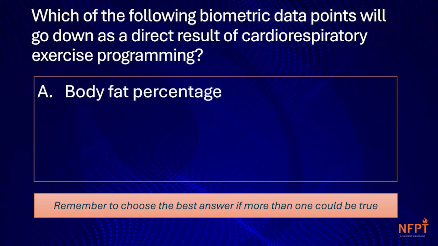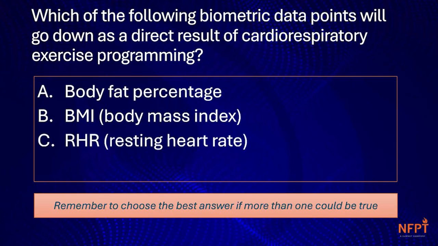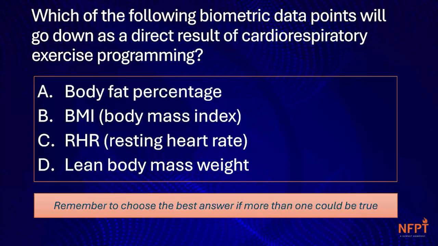Is it A, body fat percentage, B, body mass index or BMI, C, resting heart rate or RHR, or D, lean body mass weight? All right, I'm going to read it to you one more time before we walk through it. Which of the following biometric data points will go down as a direct result of cardiorespiratory exercise programming? Is it A, body fat percentage, B, body mass index, C, resting heart rate, or D, lean body mass weight?